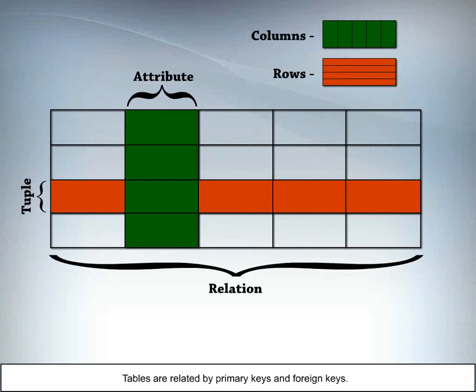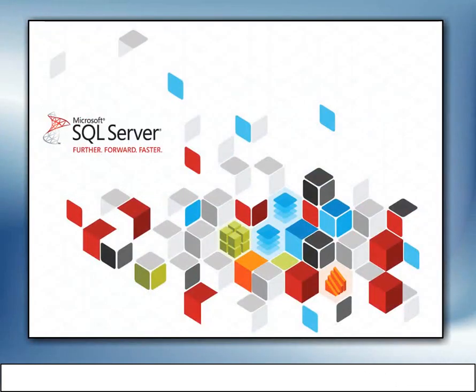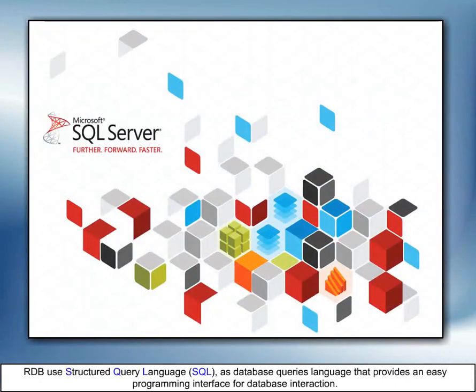Tables are related by primary keys and foreign keys. RDB uses structured query language, that is SQL, as the database query language that provides an easy programming interface for database interaction.